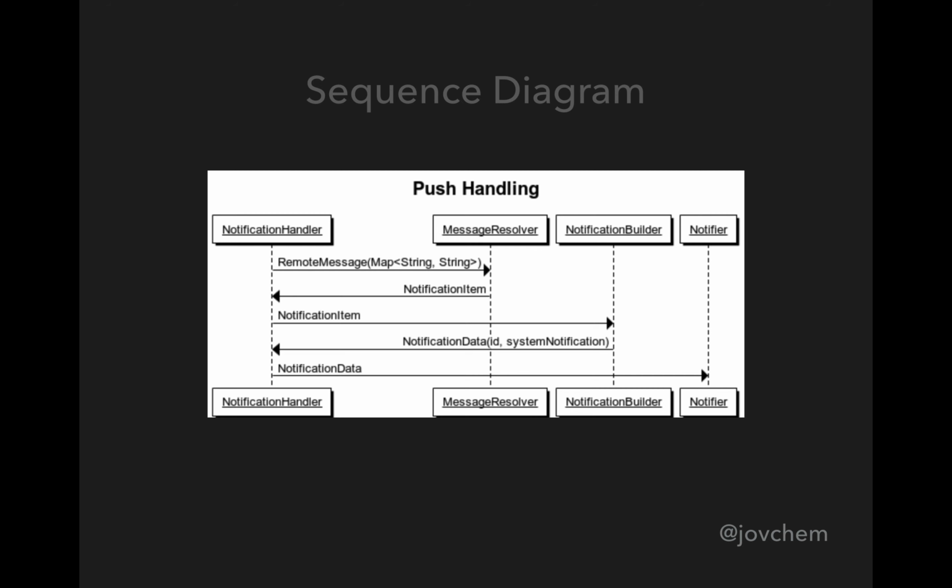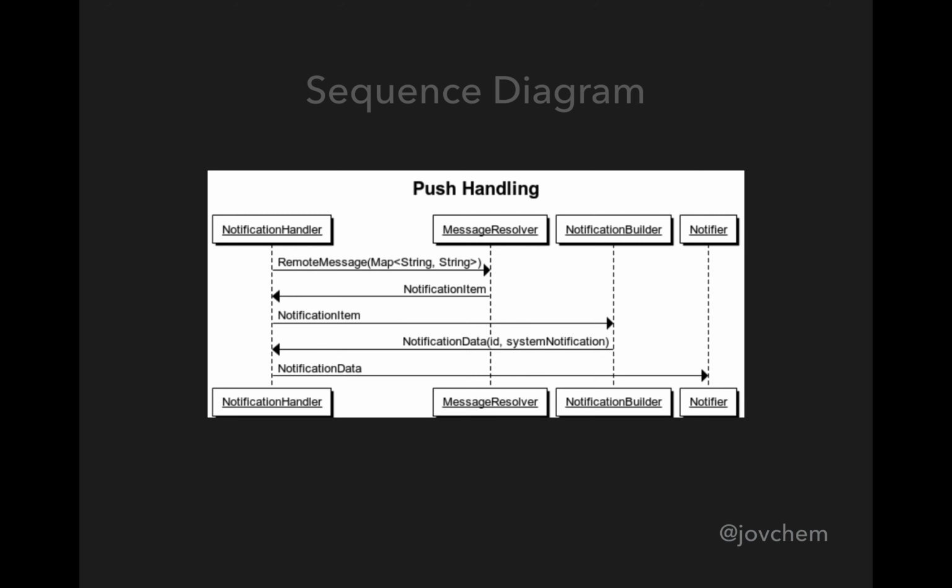So this notification item will be something representing, based on the event type that we saw previously, an actual object. Then using that notification item, I'm gonna send it into a notification builder, which will generate a data structure.